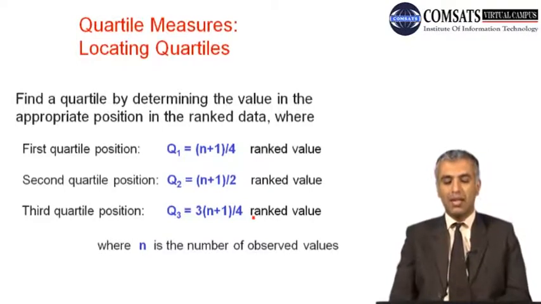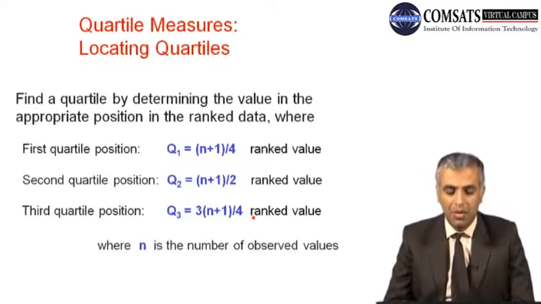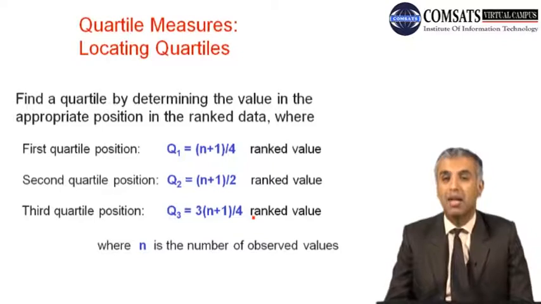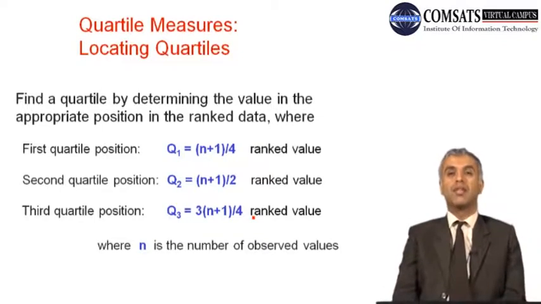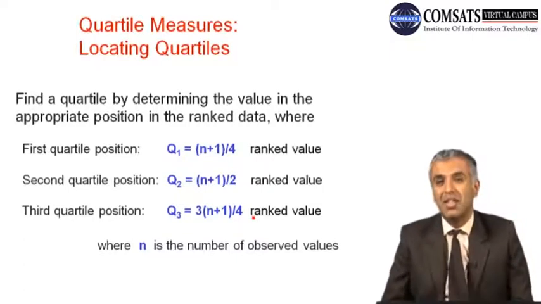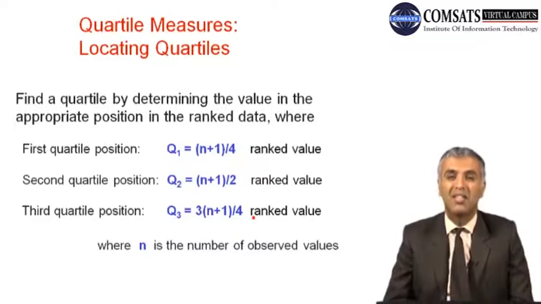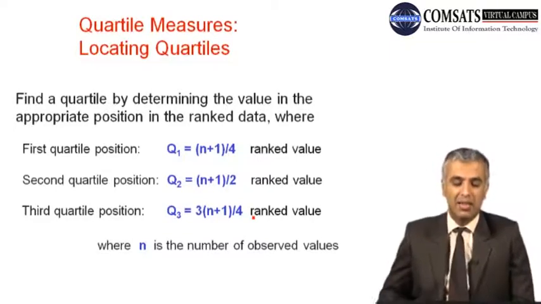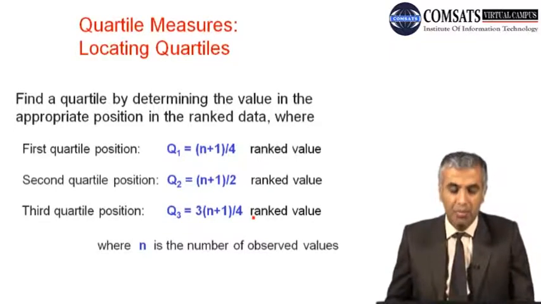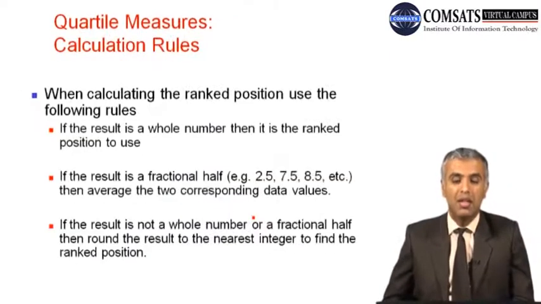For the last quartile the formula changes to 3 times (n plus 1) divided by 4. So these are the ways through which we can calculate the various quartiles manually, and here n is defined as the number of observed values.